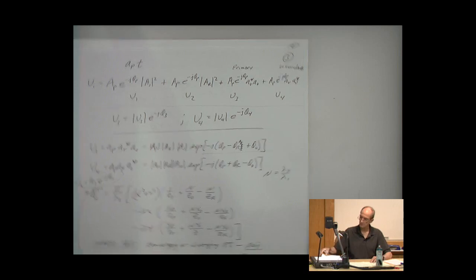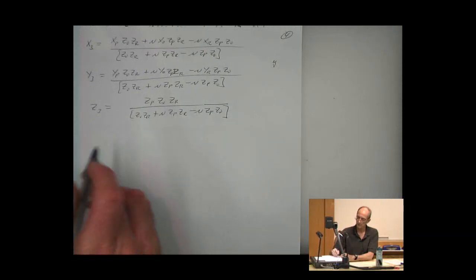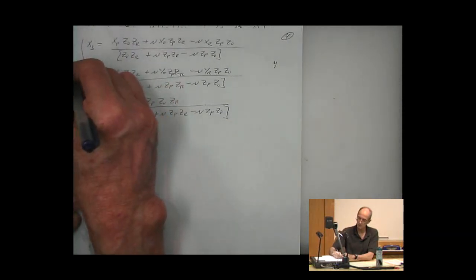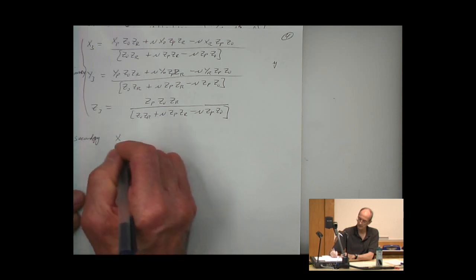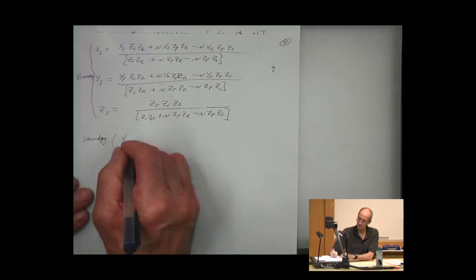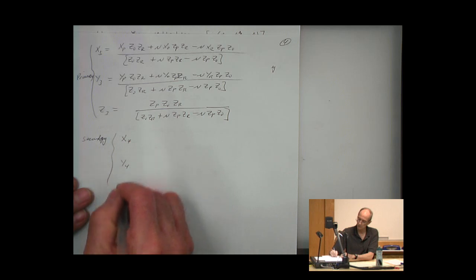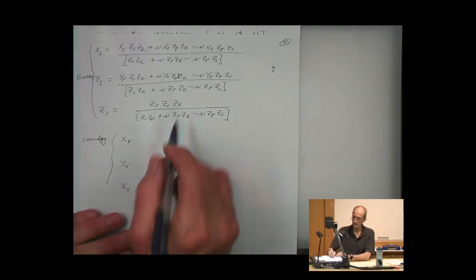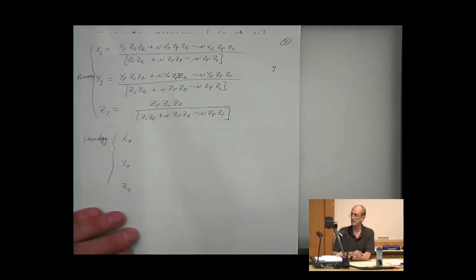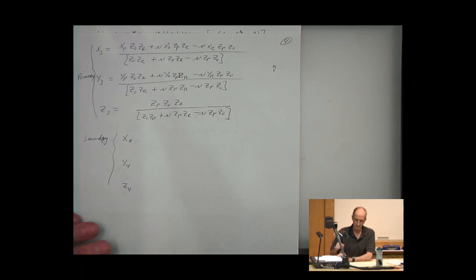So we have a set of relationships corresponding to the primary, and also for the secondary, we're going to have a set of points x4, y4, and z4, which look pretty similar, except the signs are reversed in the relationships.